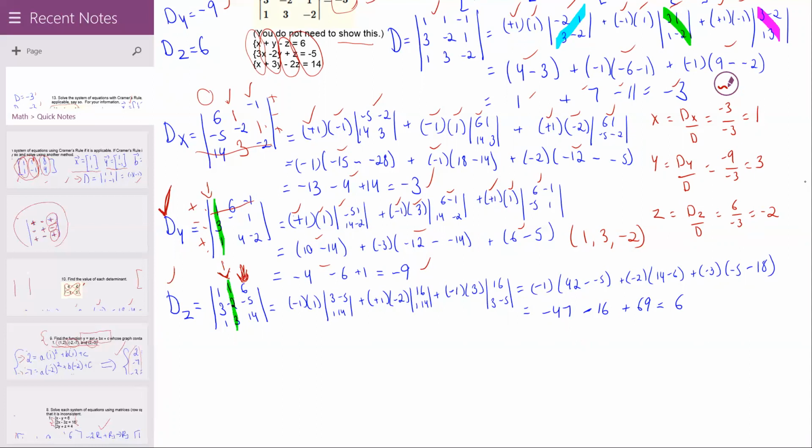So since it's here, it's plus, minus, plus, but we're going down. So it's actually minus, plus, minus. So minus, plus, minus are where those came from. Then we have the 1, the -2, and the 3. And then we have the determinants that are left over whenever you make a t. So first it would be these two, then it would be these two, then it would be these two.